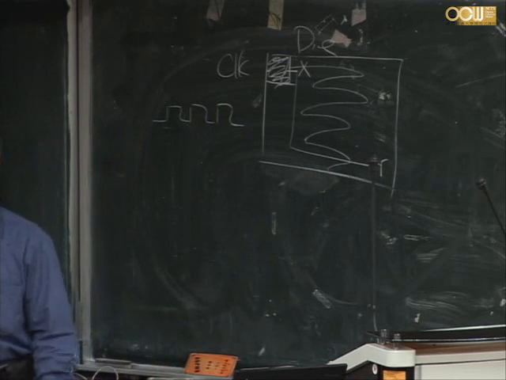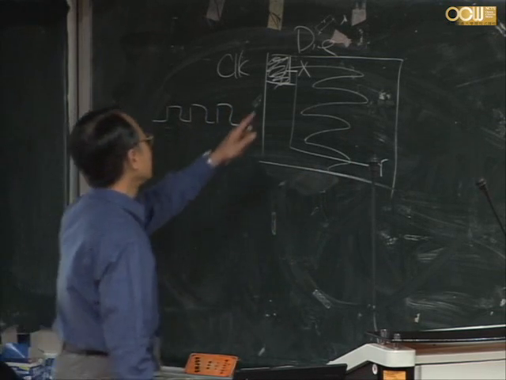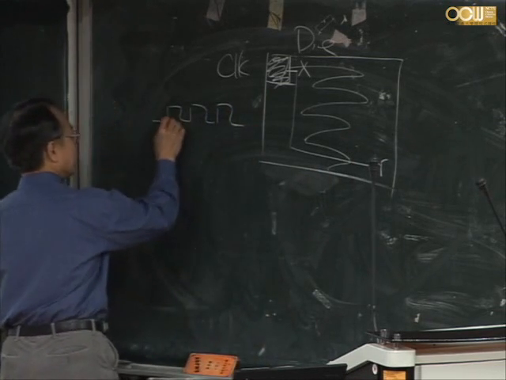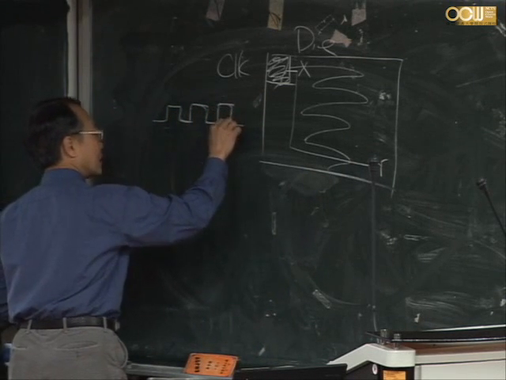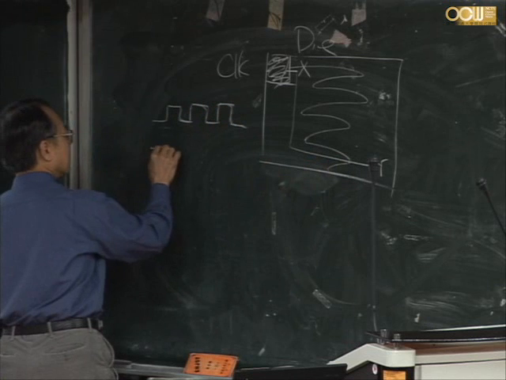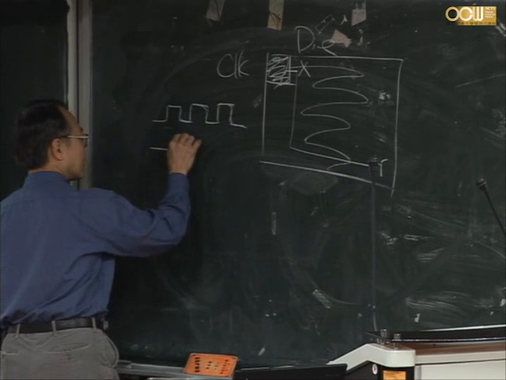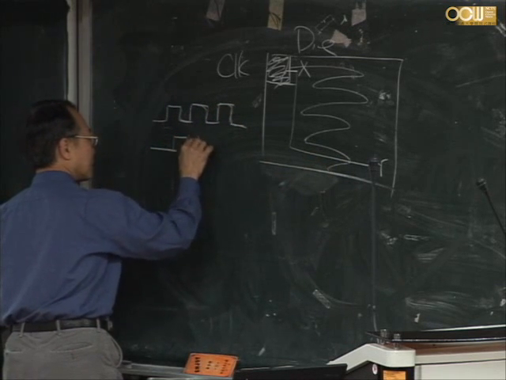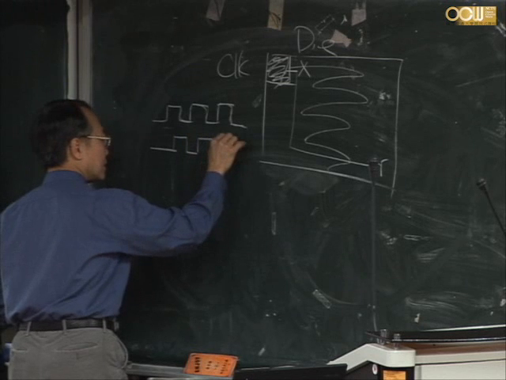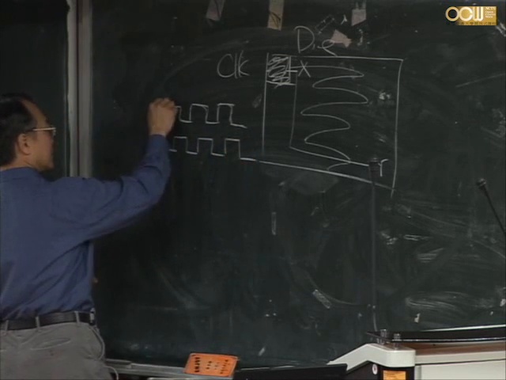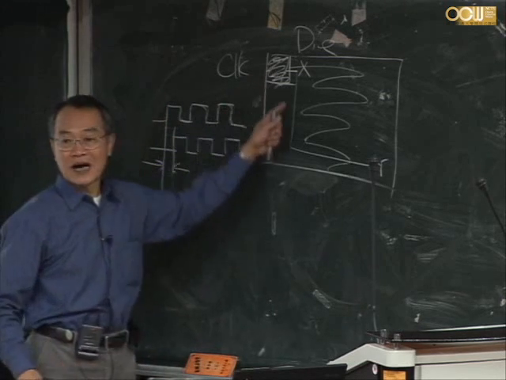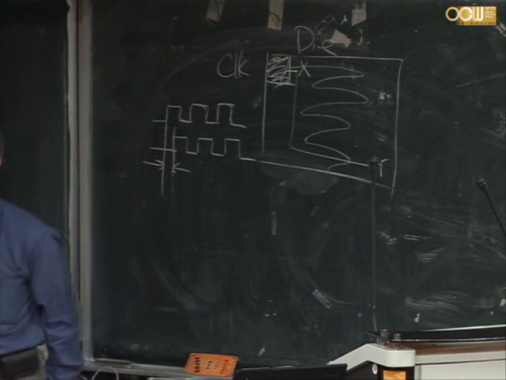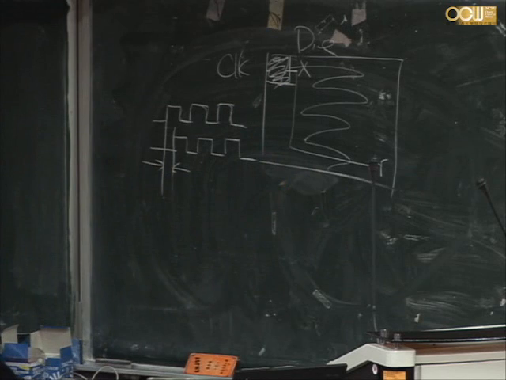Let's see what happens. At location X, it sees this signal. At location Y, it sees this signal. Have you noticed that there's a latency due to the wire delay in the clock signals?